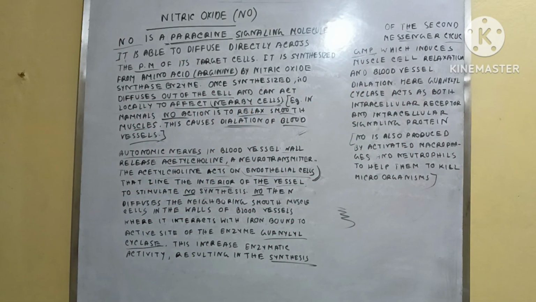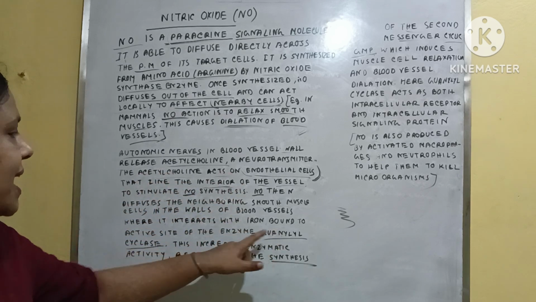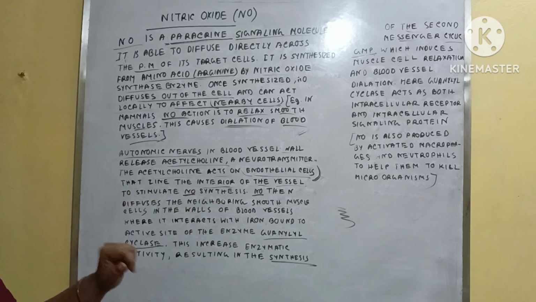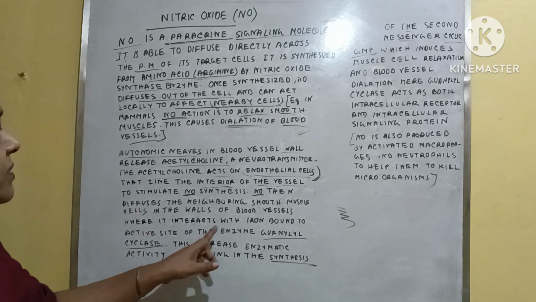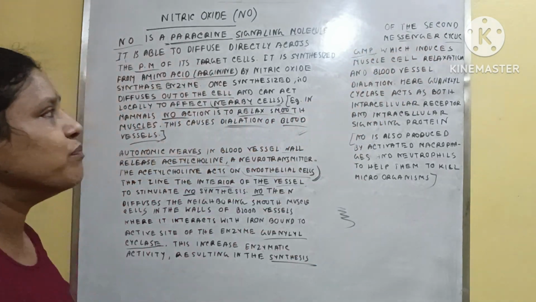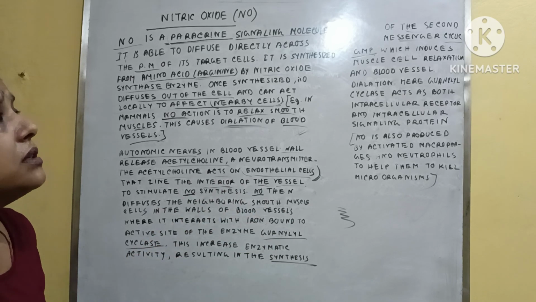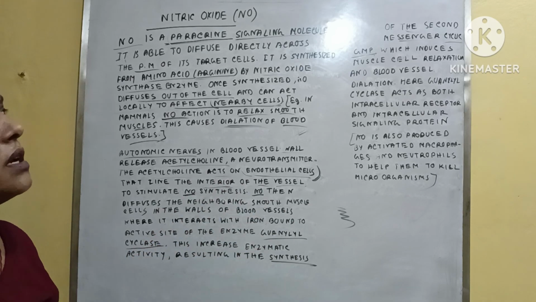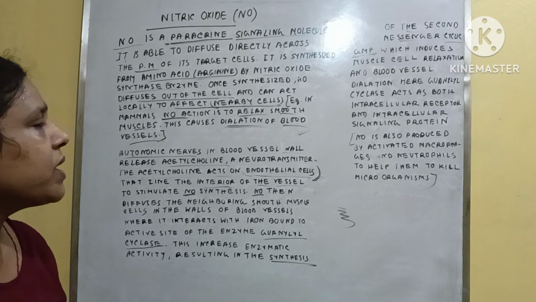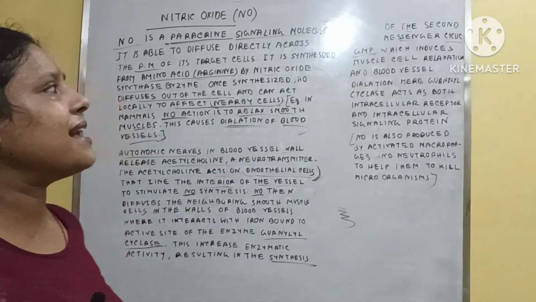So when the interaction of the guanylyl cyclase and the NO is completed, then the synthesis of the second messenger cyclic GMP occurs, which induces the muscle cell relaxation.